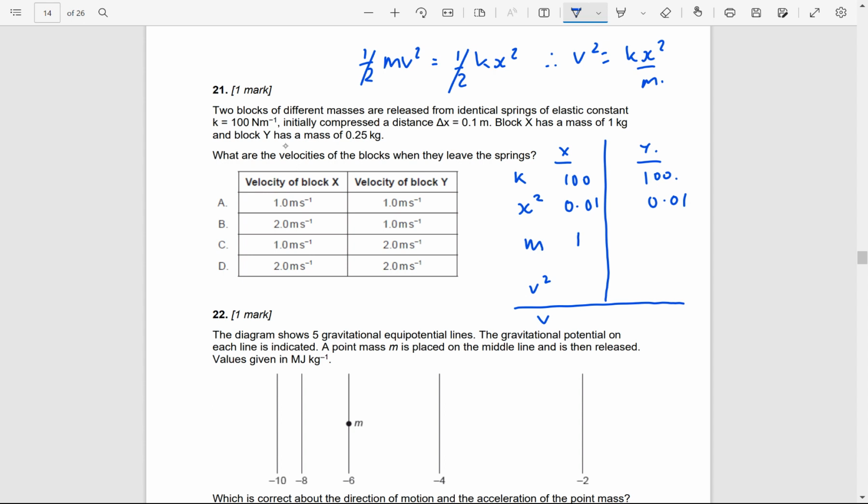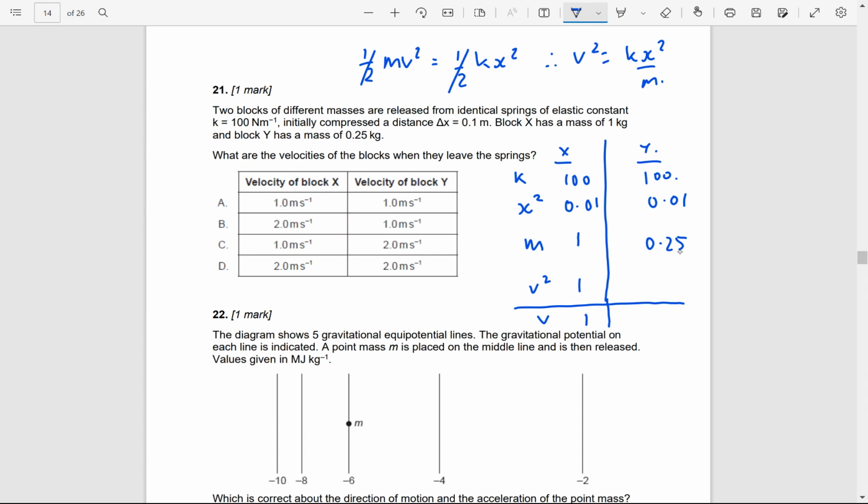Block X has a mass of 1, and block Y has a mass of 1/4. Okay, so if we multiply that through, for the X values we've got 100 multiplied by 0.01, divided by 1, so that comes out as 1. So V is 1.